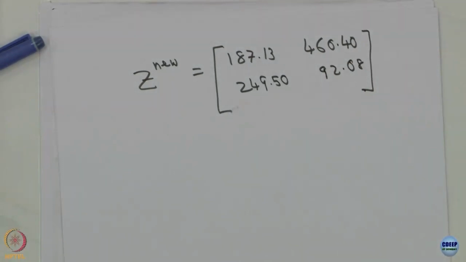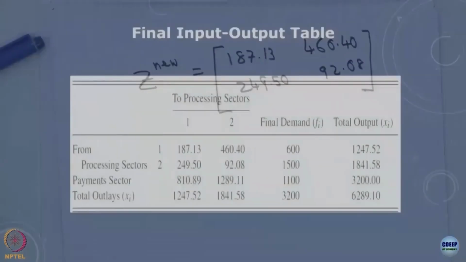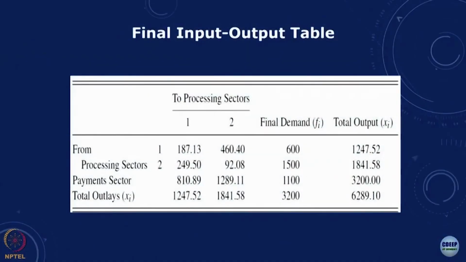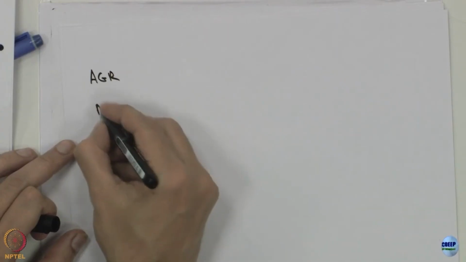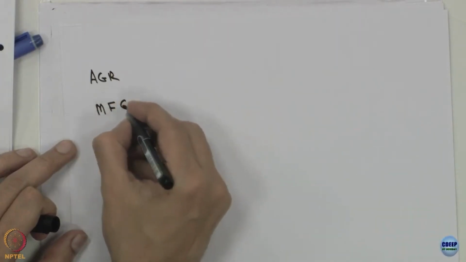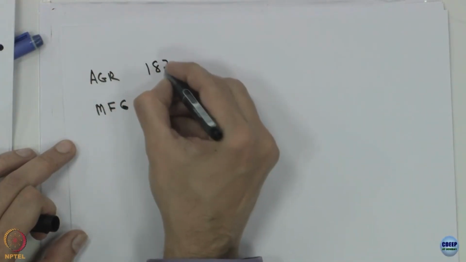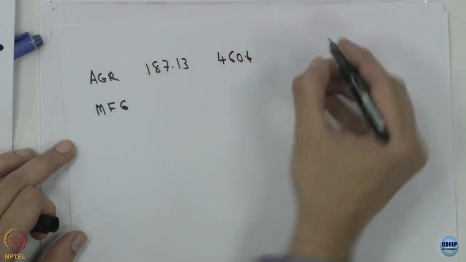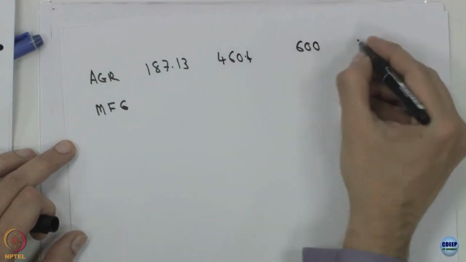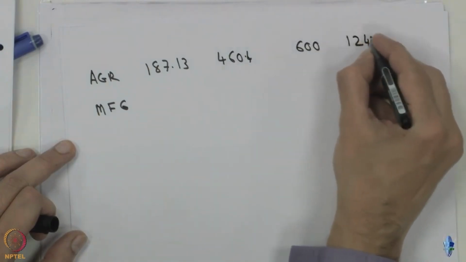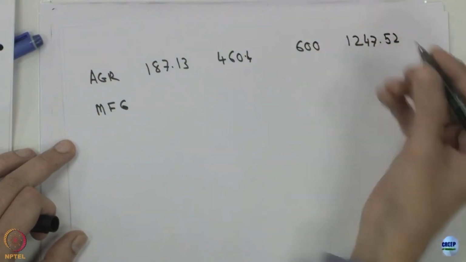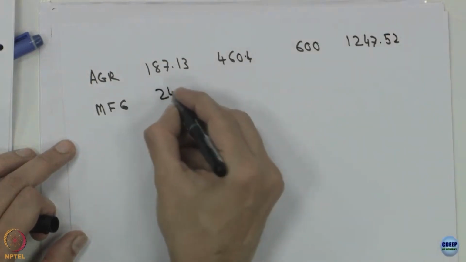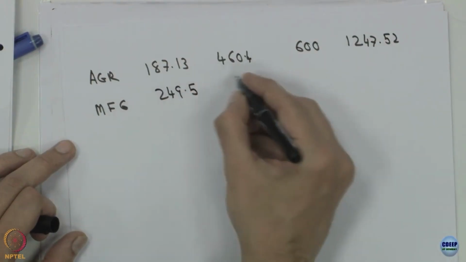Then we can get the new input-output table, with agriculture and manufacturing: 187.13, 460.4, final demand 600, total 1247. We could round it off also. This is 249.5, 92.